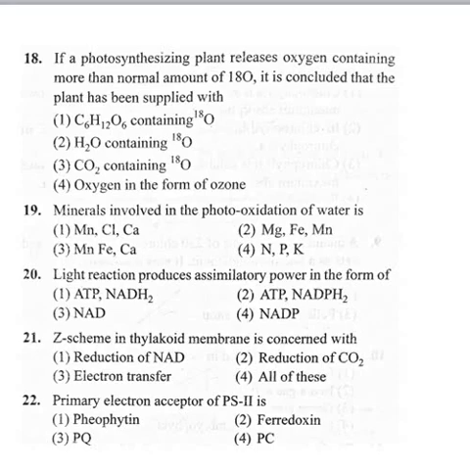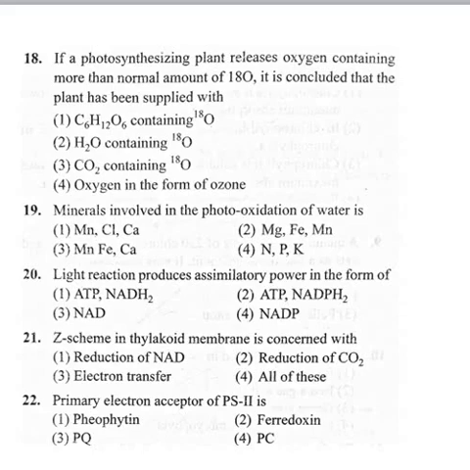So reduction of NAD that you can find in case of photosystem 1 in non-cyclic photophosphorylation. So Z scheme in thylakoid is related to electron transfer. If you place all the electron carriers in the order, you can find the Z-like structure. So it is called Z scheme.